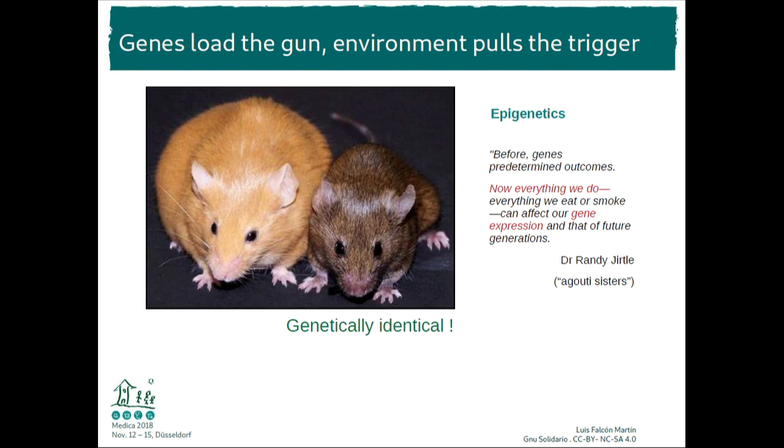And we haven't touched or changed the genome of any of them. So it's the environment, or in our case, our lifestyle or our environment, that will make you sick or healthy, right? So these are the Agouti mice. That is probably one of the most dramatic examples that we have today in the field of epigenetics.